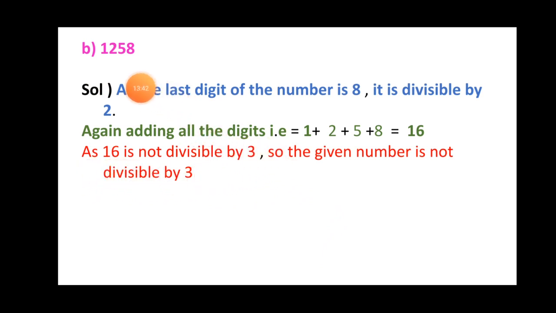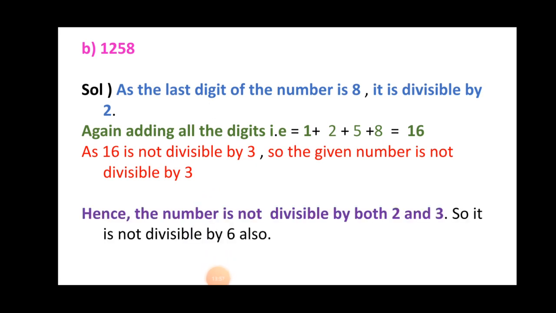So this complete number will not be divisible by 3. We have seen that this given number is divisible by 2 but not by 3. So the last statement we will write is, hence the number is not divisible by both 2 and 3. So it is not divisible by 6 also.